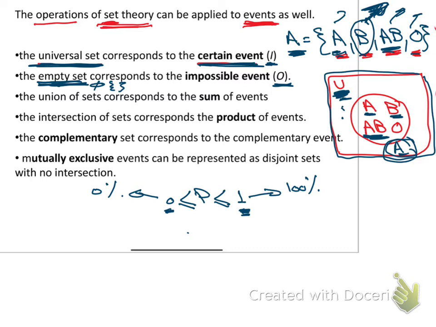It has nothing. So it is an impossible event that what I draw in my hand will be part of the empty set. And if I have something in my hand, it cannot be part of something which is empty.